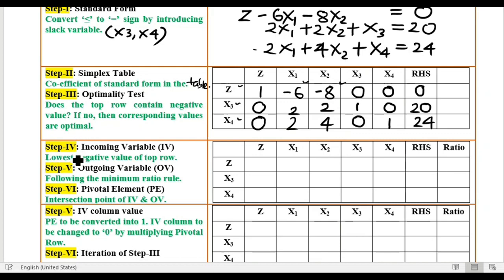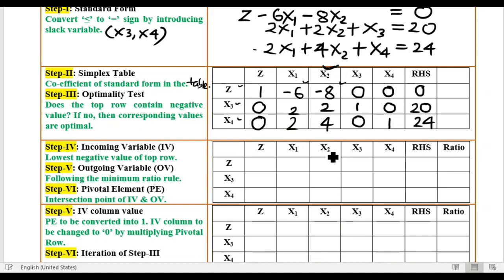Step 4 says we have to find the incoming variable, the lowest negative value of the top row. Which is the lowest negative value? That is x2; minus 8 is the lowest negative value. Then the outgoing variable follows the minimum ratio rule.